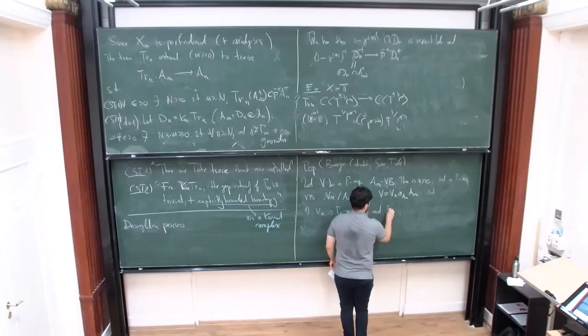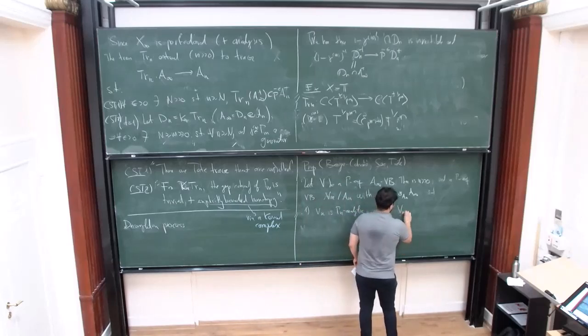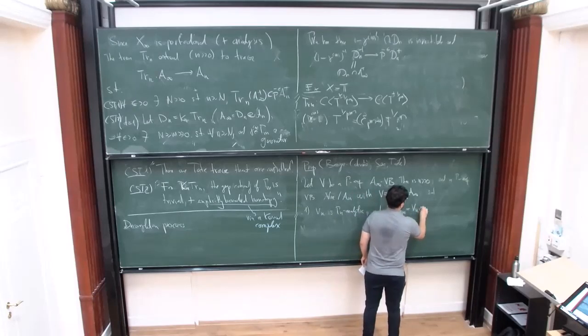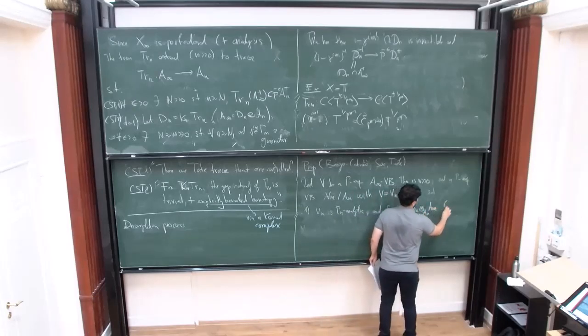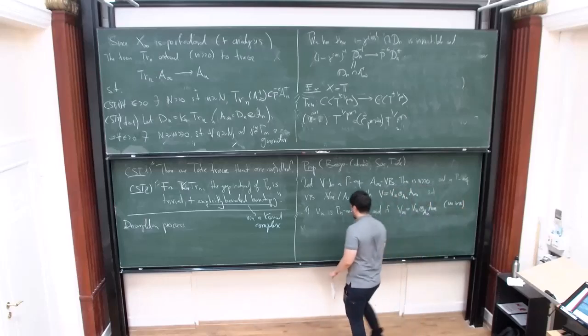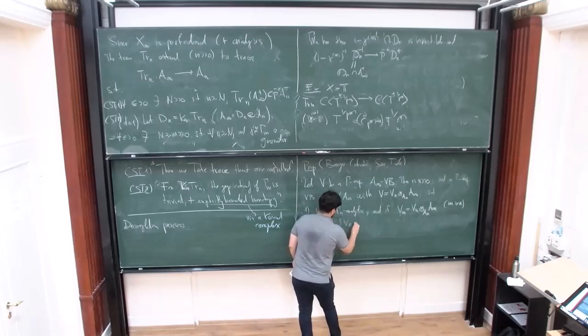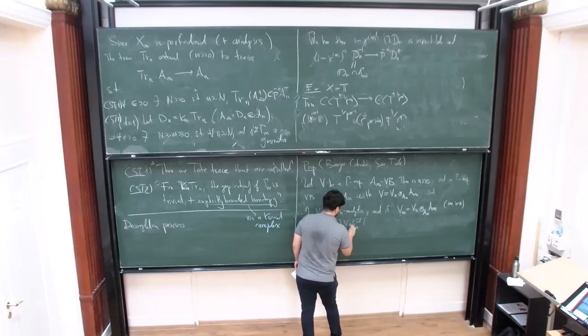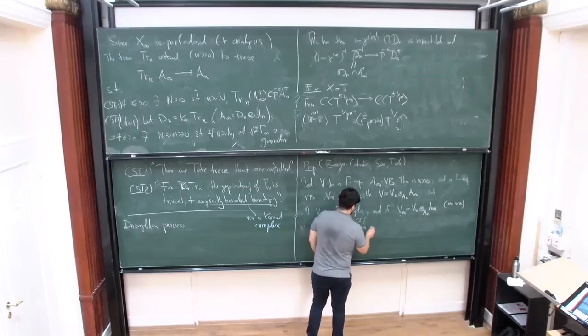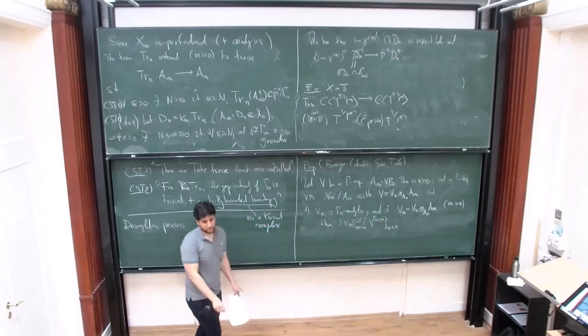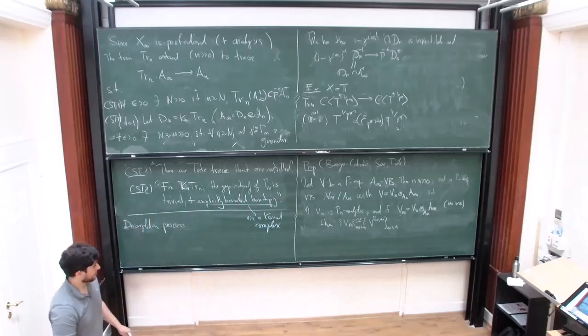And if Bn is equal to the extension of scalars with Am for m bigger than n, then let's say that these two systems are isomorphic as systems here.